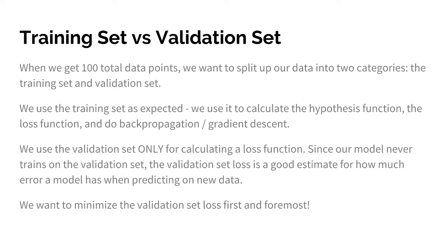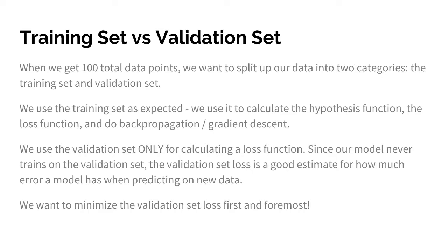We can use the training set as expected, as what we've been doing all the time. We use it to calculate the hypothesis function for each point, we find the loss function for every point in the training set, and then we do gradient descent on data points in the training set.